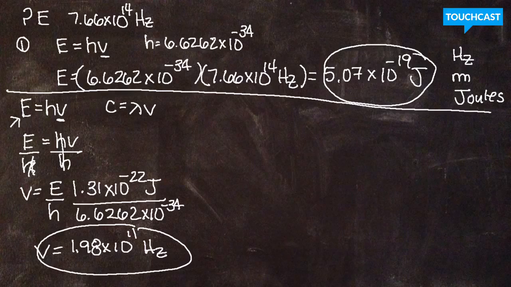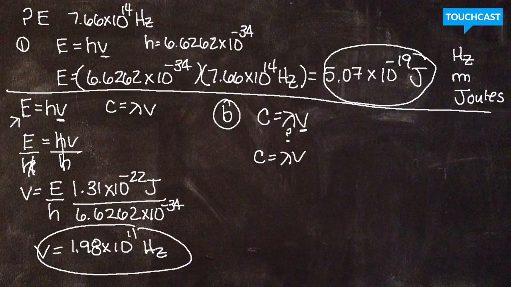So then we want wavelength. That's what the question originally asked us for. And so then step B for number 5 is to use the equation, the speed of light equals the wavelength times V. So we have V, and we want to know wavelength. So we have to rearrange our equation to get wavelength by itself.